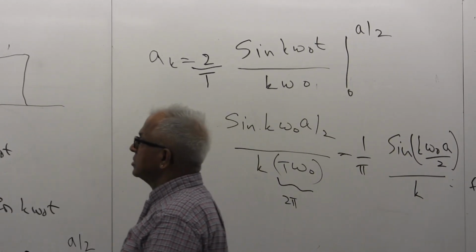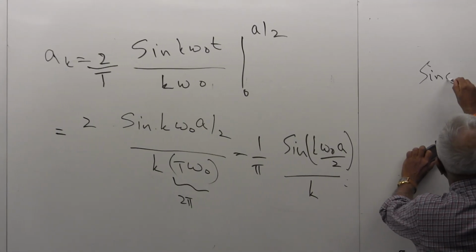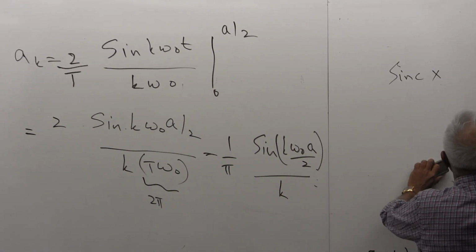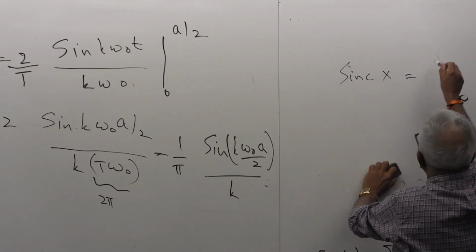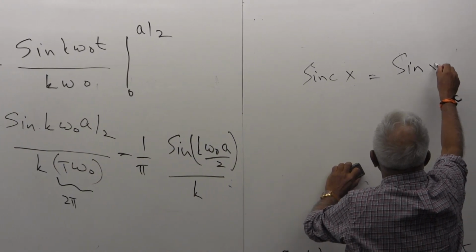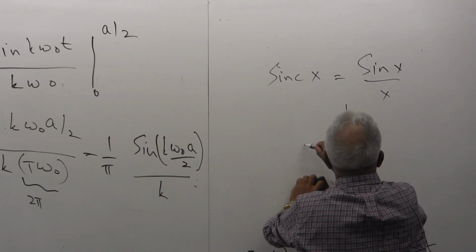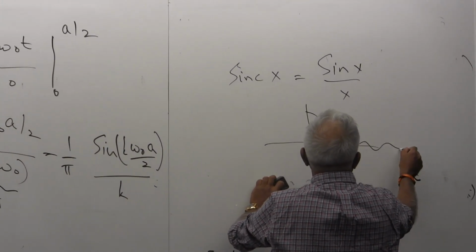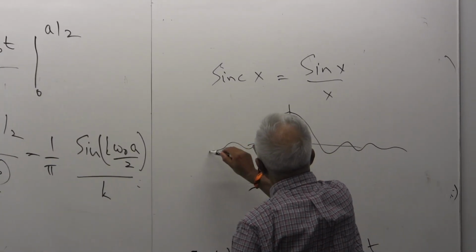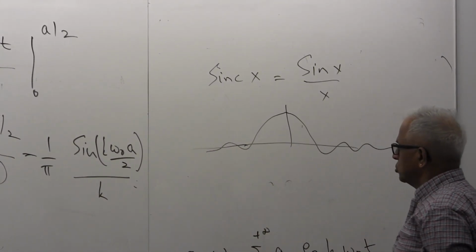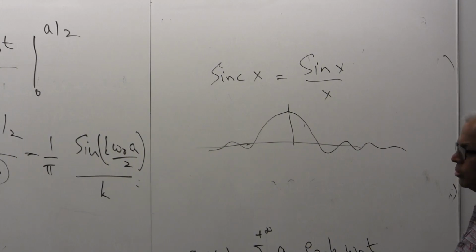Now, do you know this? What is this? Anybody? So when you draw it, it will go like this. This is a useful function. I'll talk about this more as we go along.